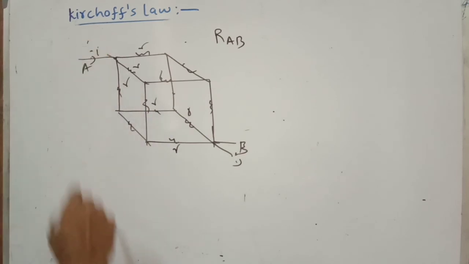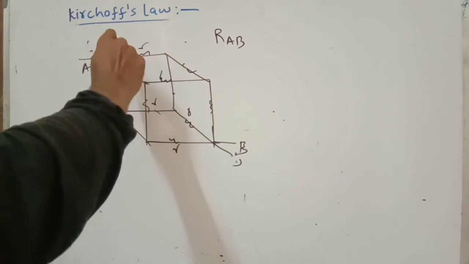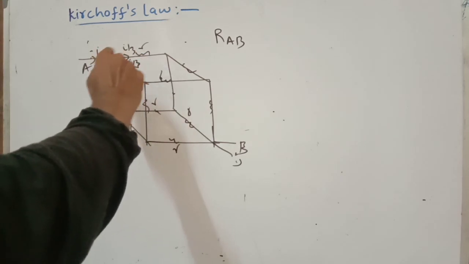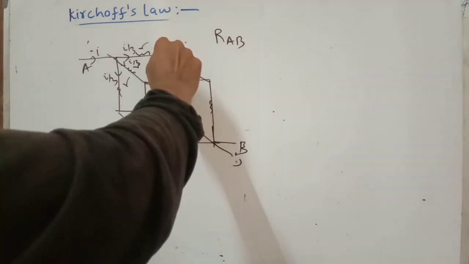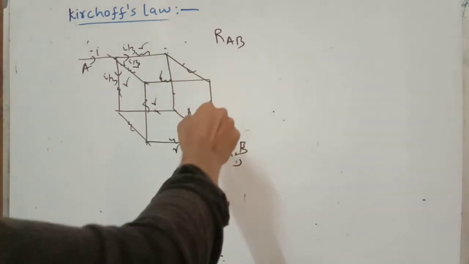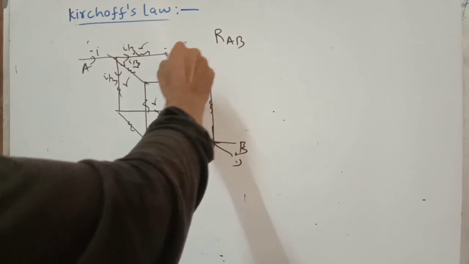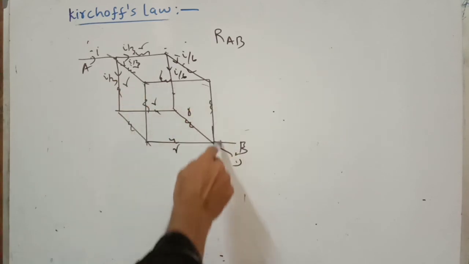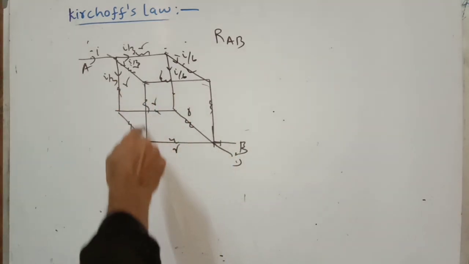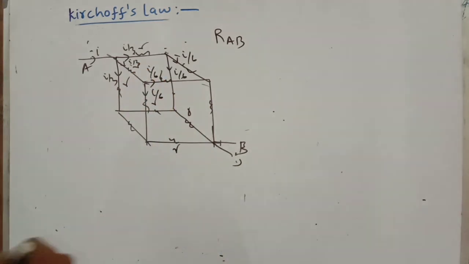Let current I flow in here. It is symmetric, so the current divides into three equal parts, I by 3, I by 3, I by 3. From here the destination is at the same distance, so the current distribution here is I by 6, I by 6.